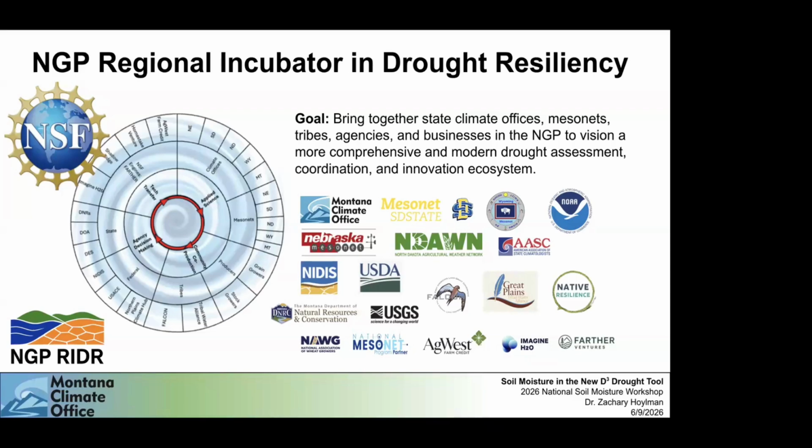We're working towards phase two, where we're bringing together this coalition of many folks across the Upper Missouri River Basin, including state mesonets. We've got Nathan in the back over here as a part of the project, state climate offices, universities, national partners, private sector, insurance companies, to try to build a more resilient and modern drought assessment system in the Northern Great Plains to promote that resiliency. If you're interested in this project, I'd be happy to talk more about it.